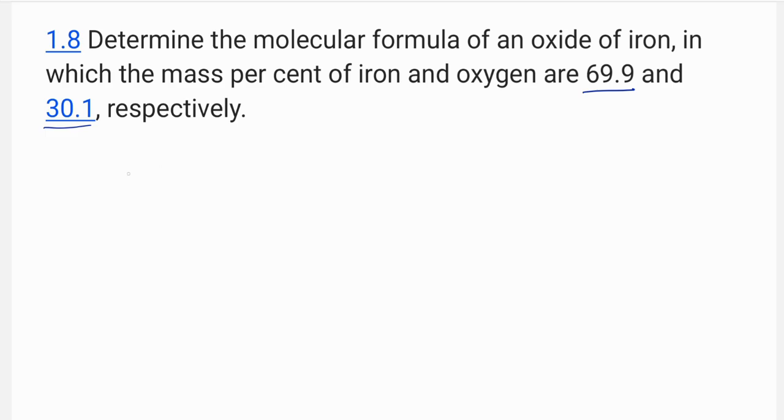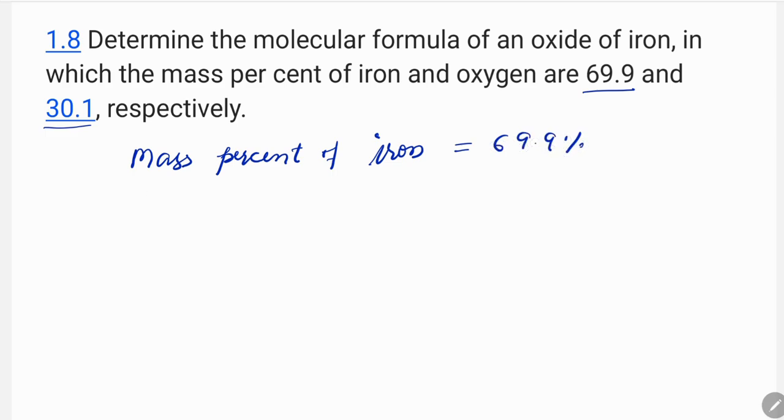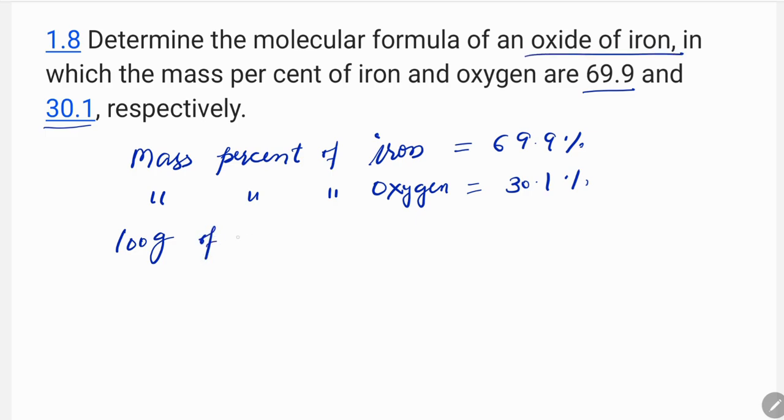What is given to us: the mass percent of iron is 69.9%, and the mass percent of oxygen is 30.1%, which means we take 100 gram of iron oxide.